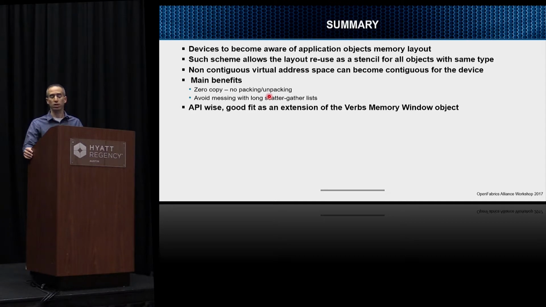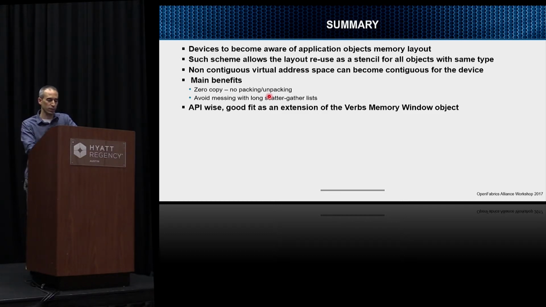Such an operation allows us to have non-contiguous virtual address space become contiguous for the device. So it's very easy to do network transactions, including RDMA, using such a pattern.